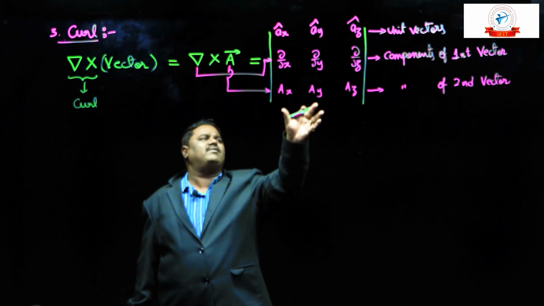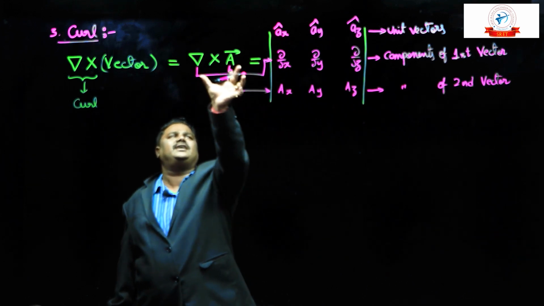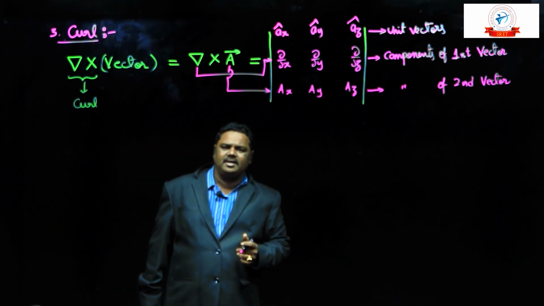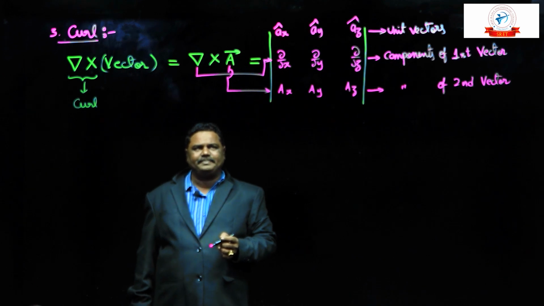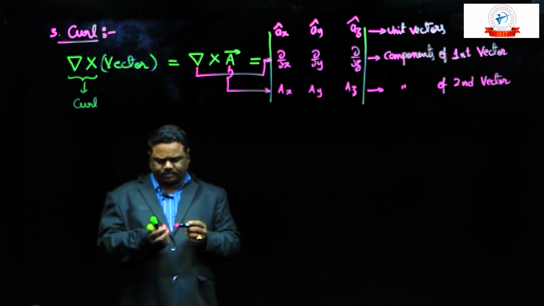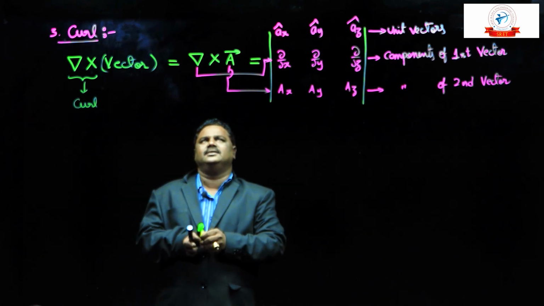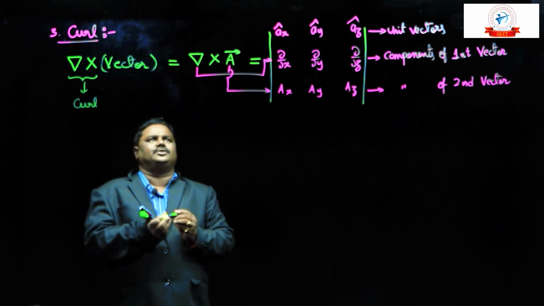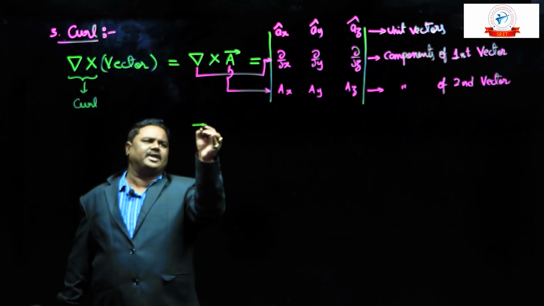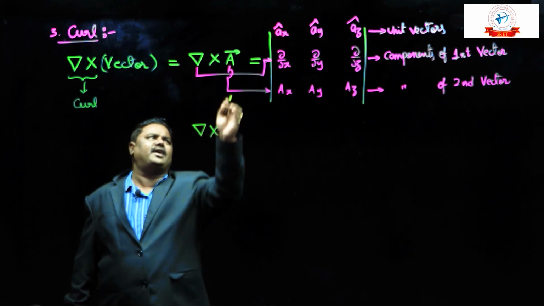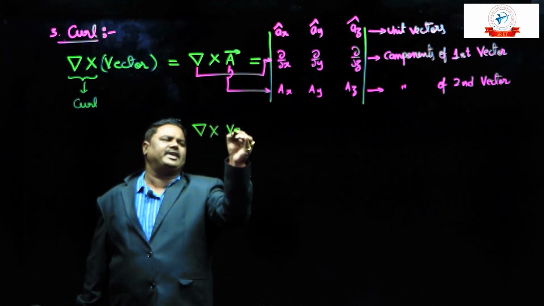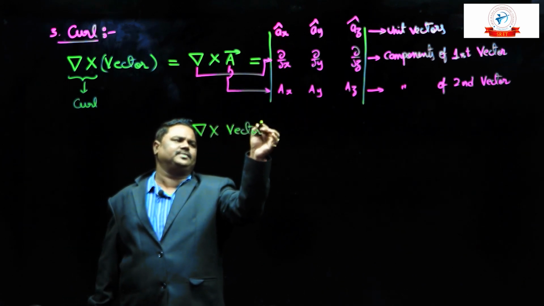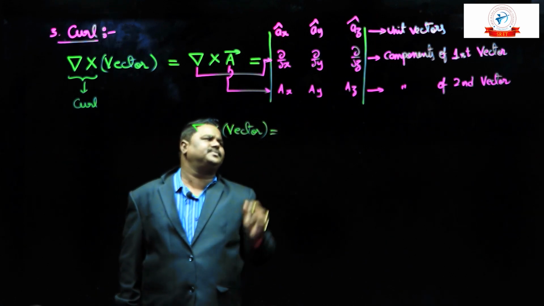If you evaluate this determinant, we get the cross product between del and A bar, or the curl of A bar. We have applied the curl operation on a vector quantity, A bar. What is the result?